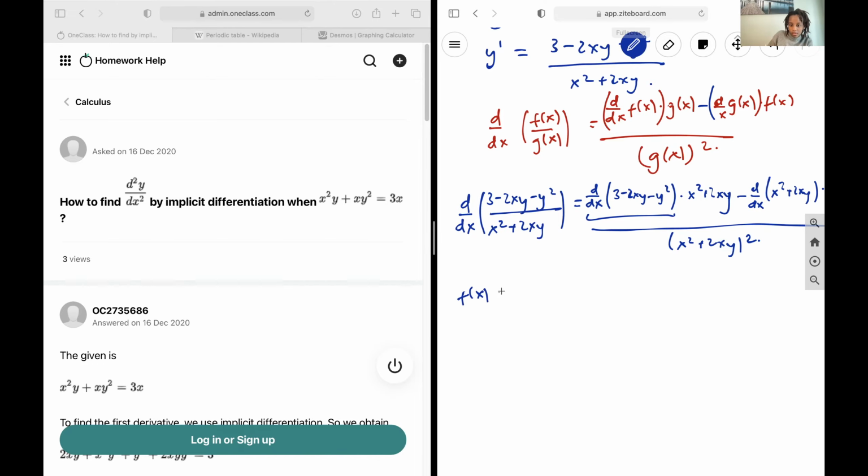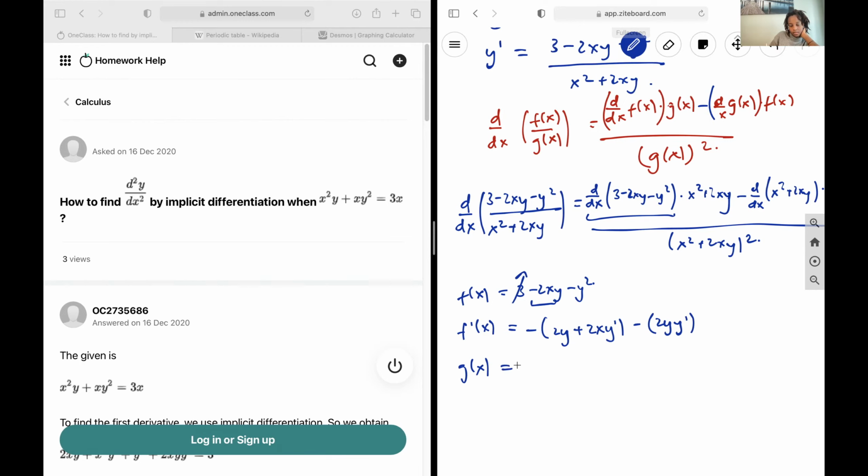And so if f of x is equal to 3 minus 2xy minus y squared, f prime of x is going to be equal to, this term will drop off. And then we're going to use our product rule. So the derivative of this with respect to x is negative 2 multiplied by y plus 2x y prime, minus, this becomes 2y y prime.